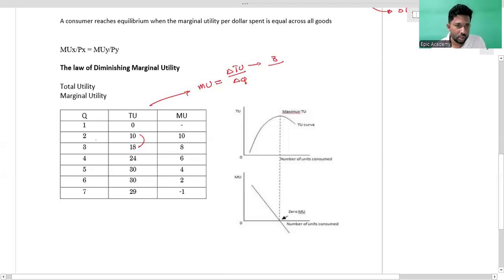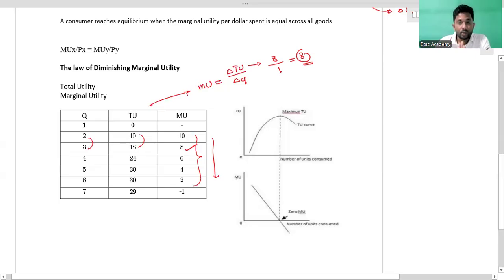The difference of the total consumption quantity is 1. 8 divided by 1 is equal to 8. So you can observe that marginal utility values are gradually decreasing.